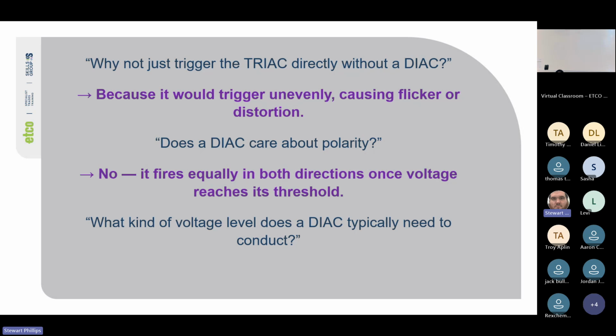So what kind of voltage level does a diac typically need to conduct?